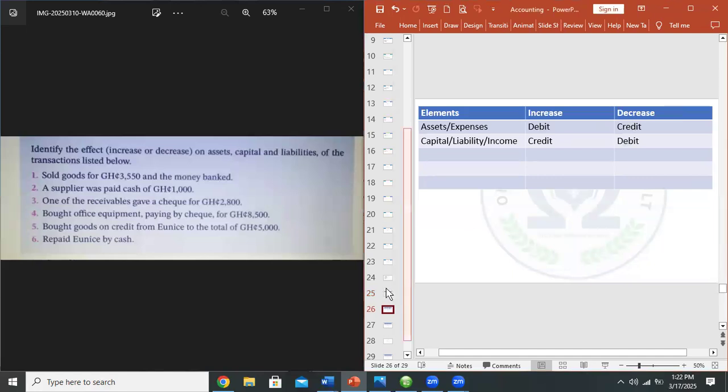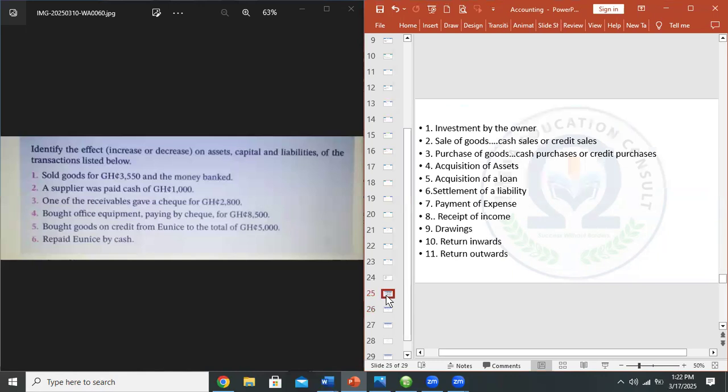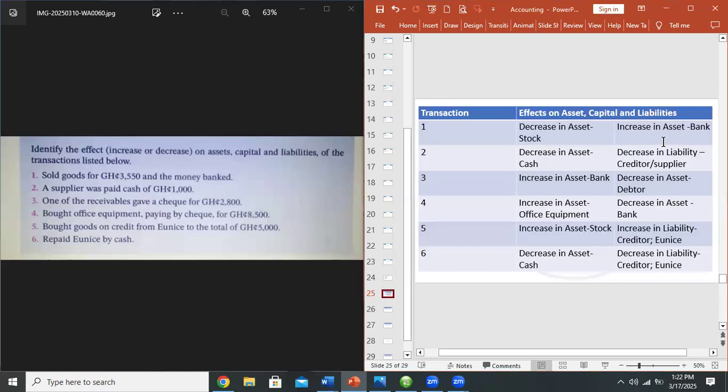And then on the table here, point number 1, we have a decrease in asset stock and an increase in asset bank. So I'm asking again, which one will be debited and which one will be credited? Please, goods will be debited and bank will be credited.